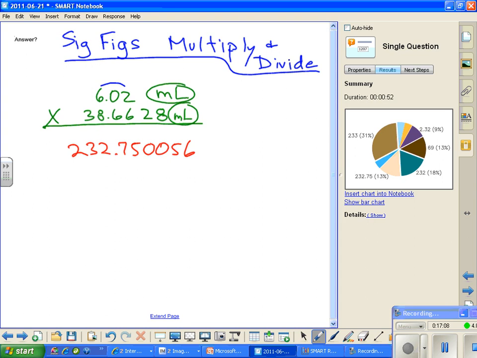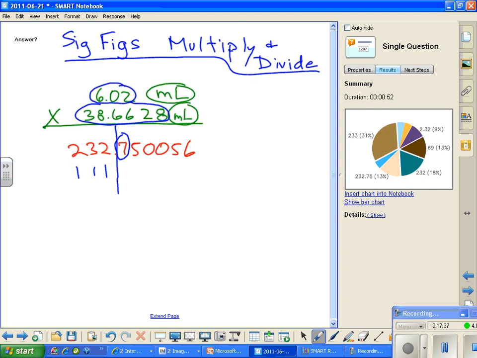How many sig figs here? 3. How many sig figs here? 6. Yes, 6. So who's the winner? 3. So I'm going to go 1, 2, 3, draw the line. And now I see that this digit is bigger than 5 again.